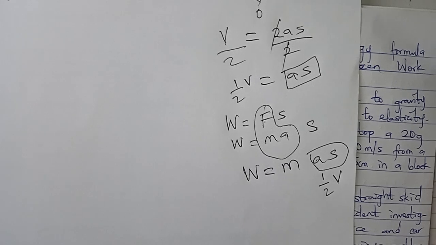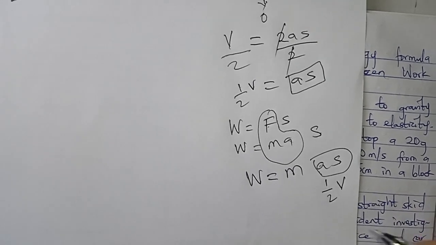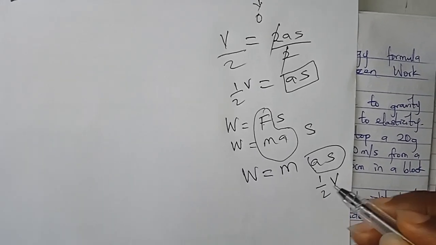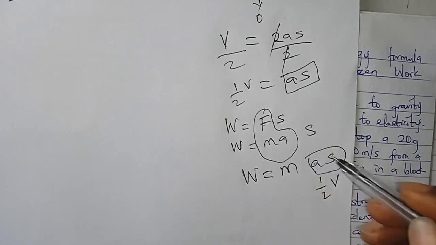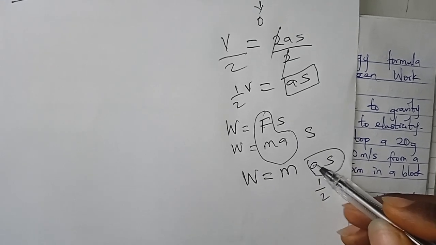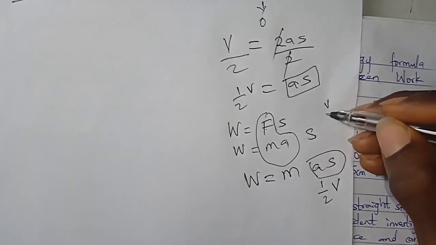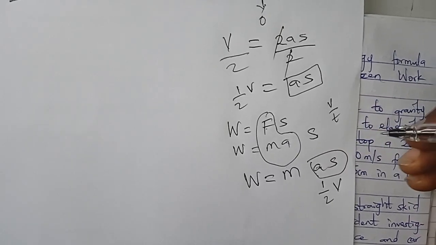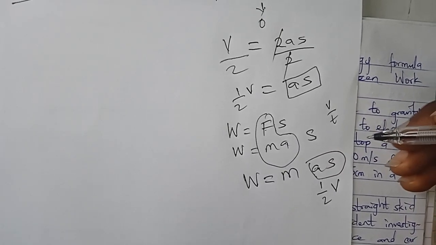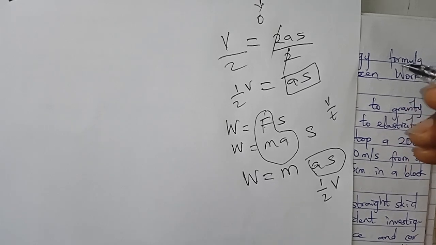Are you seeing it? Okay, but before I do that, let's remember that inside the A, I have V over T. Right? Let's be sure.